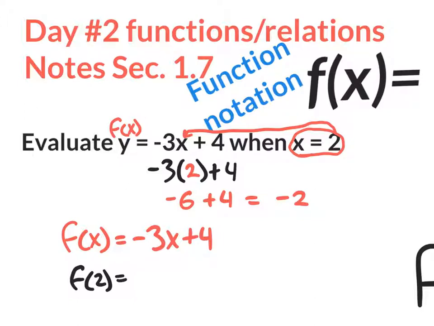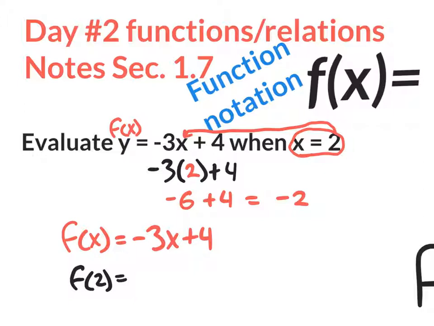So instead of me saying evaluate the function when x equals 2, in function notation, we know that f of x is the same thing as y, and when they say f of 2, that's simply saying take the 2 and plug it in. So you don't have to write this whole sentence of instruction. I could just write this down, f of 2, and it's telling me to plug in 2 right into the x the way we did, and of course we'd get out a negative 2.